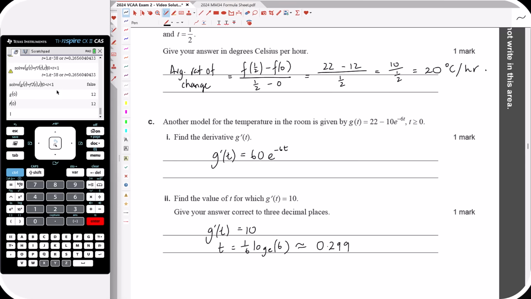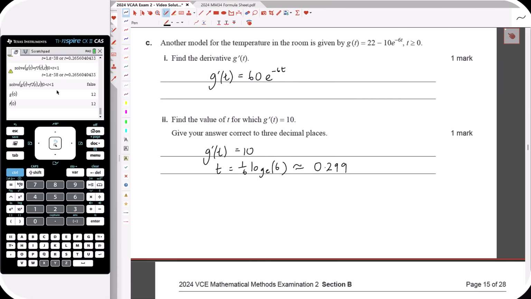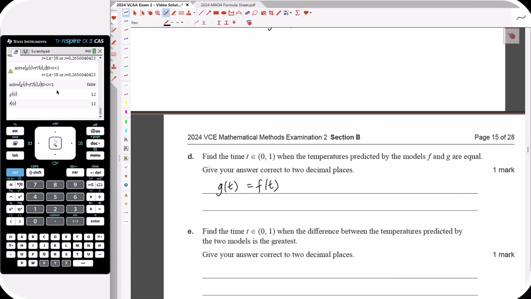So they're intersecting on the y-axis, so we need to be a bit careful about being misled by that. So actually it's t equals 0, which is not in the domain. So I think perhaps it's been confused by the domain. Let's see what happens if we take the domain out of it. Solve the piecewise one, see what it does. There you go.